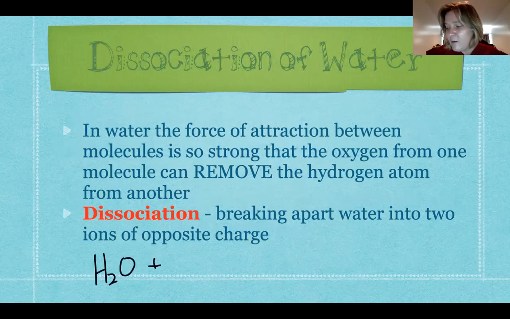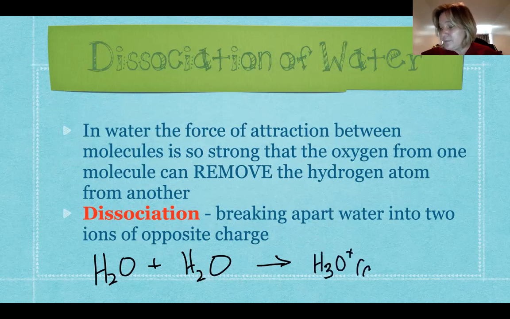If we have one water molecule plus another water molecule, and this does not happen in pure water, it's only like one drop out of every 10,000 liters that actually does this. But sometimes you can have one water donate a hydrogen to the other water. So that ends up forming two new ions.